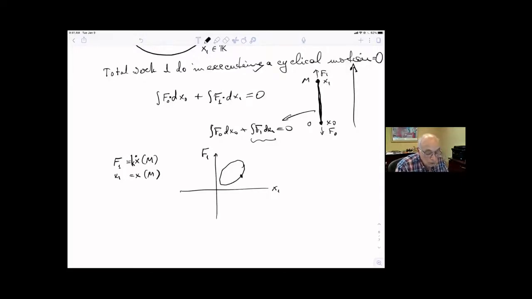At each stage, this is X of M and Kx dot of M, right? And the same kind of, and this is the area, right? Integral of dx is the area in the xf plane.